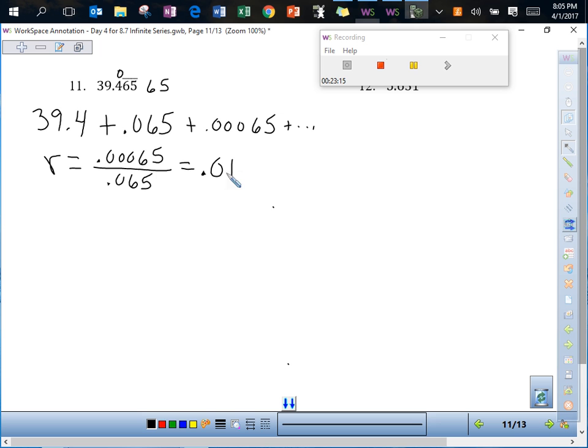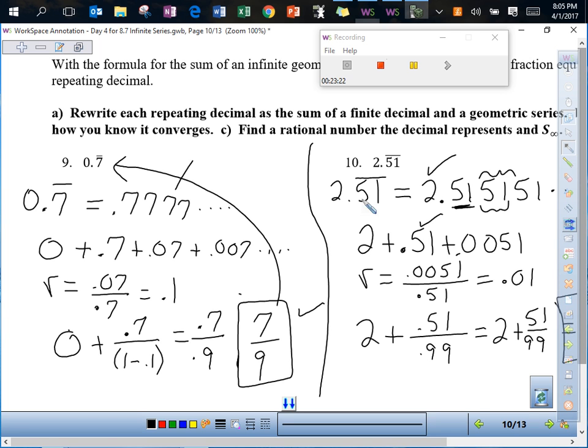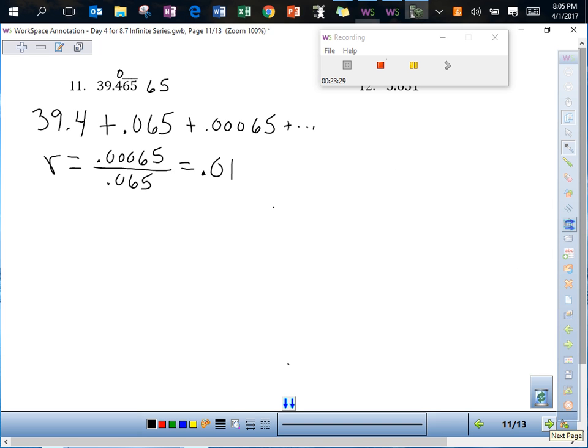Guys, notice this while I'm here. 2 repeating decimals, my r value is 0.01. So now guys, to go get my answer, it's going to look like this. I'm going to have 39.4 plus 0.065 over 1 minus 0.01.